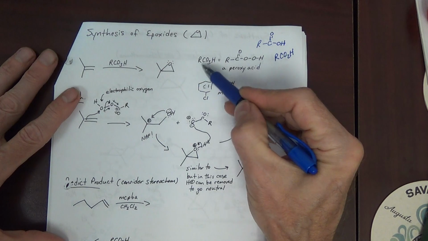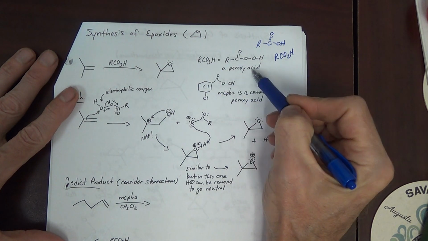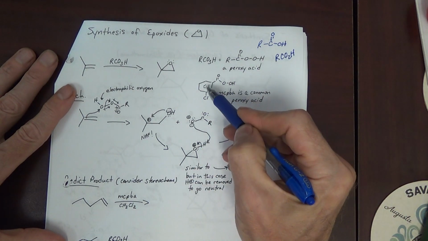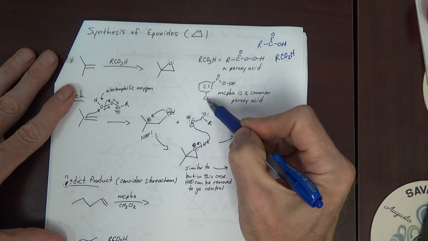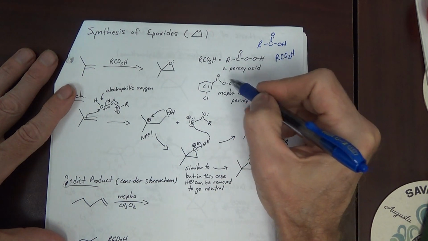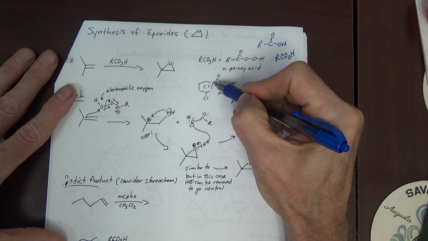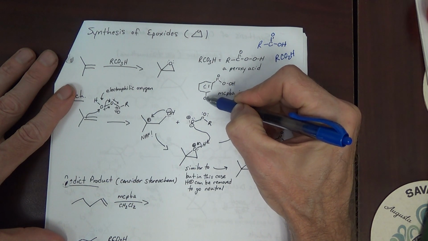Now, R groups can vary. Many different R groups, and it can still be a peroxy acid. The most common R group is a benzene ring with a chlorine in the meta position. And we'll learn ortho meta para in Organic 2. But meta is essentially a 1-3 relationship. If this is 1, the chlorine is at the 3 position.